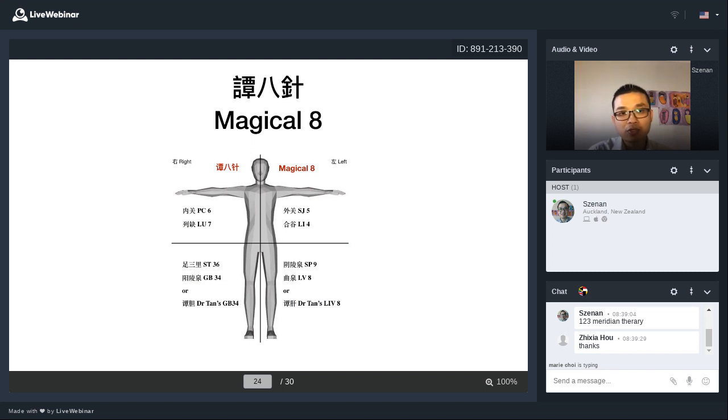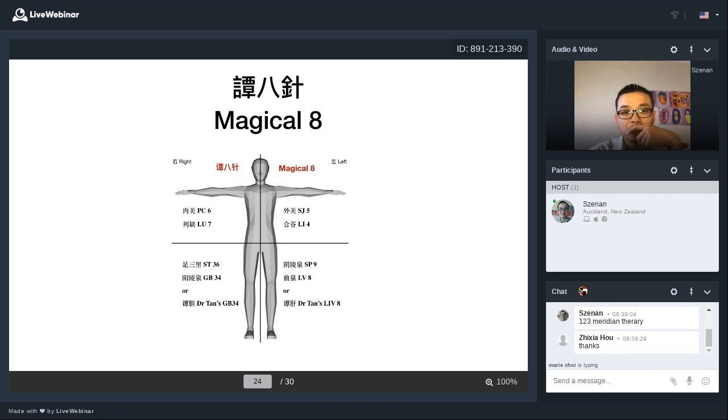And the other strategy is Magical 8. Then you see on the right side, PC6, lung 7, that's right hand, right? On the left foot, yin meridian as well. Spleen 9, liver 8. Or Dr. Tan liver 8. If you don't know about Dr. Tan liver 8, just liver 8.